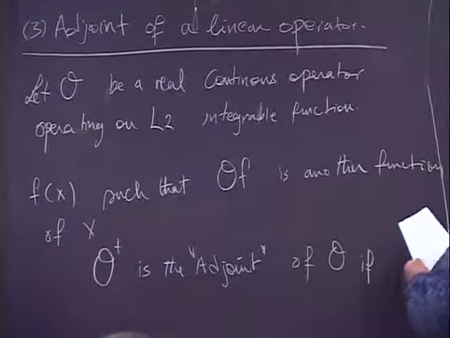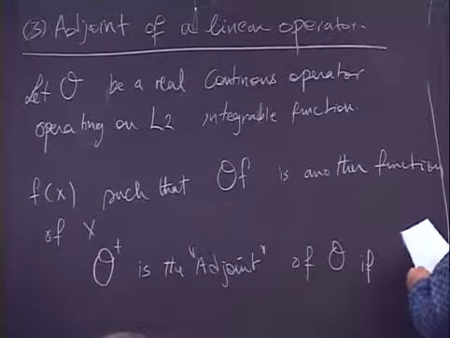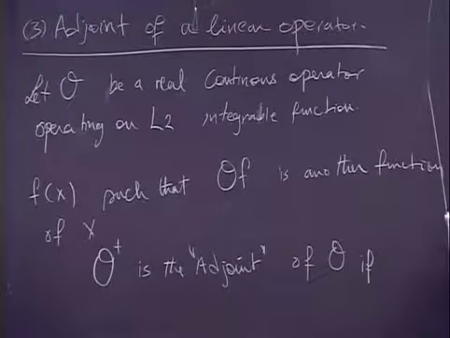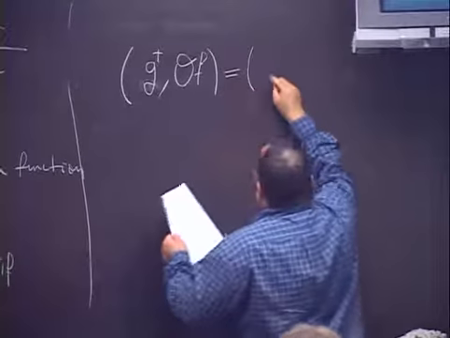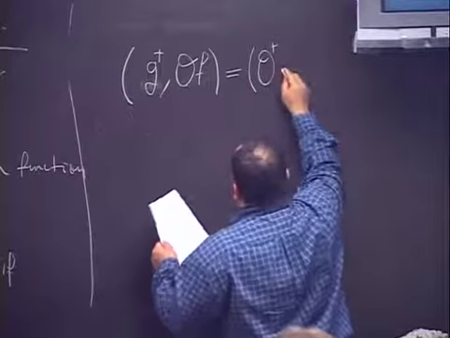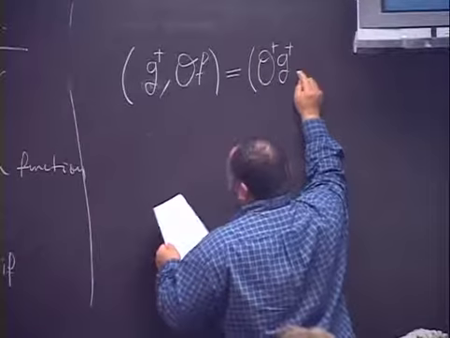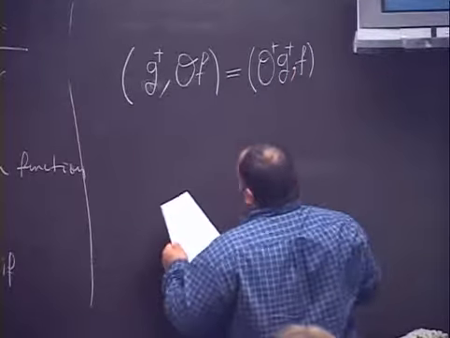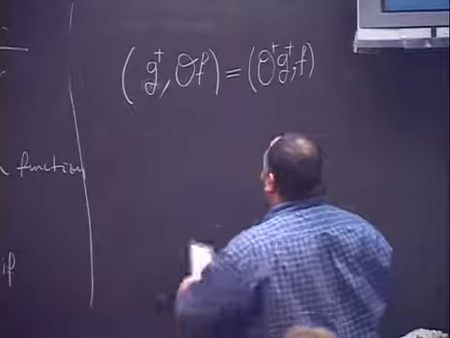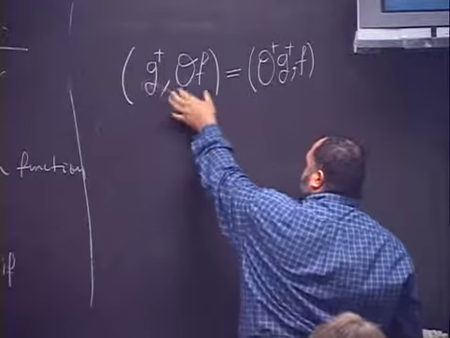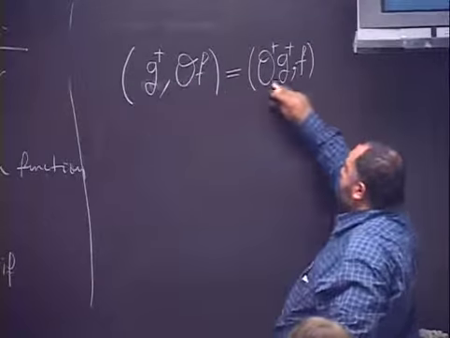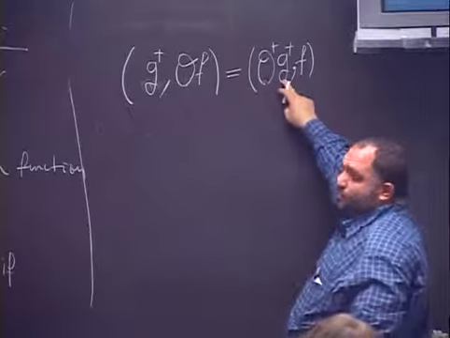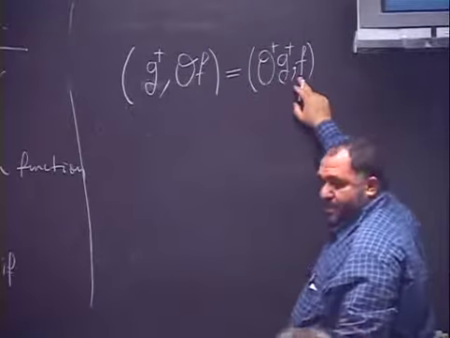This relation says that if you have a function g, and the operator O operated over the function f, it will be equal to the adjoint operator operated over the adjoint function g, inner product with the function f. So if you have a function g inner product with the operator O operated over the function f, this is equal to the adjoint of this operator operated over g dagger, inner product with f.